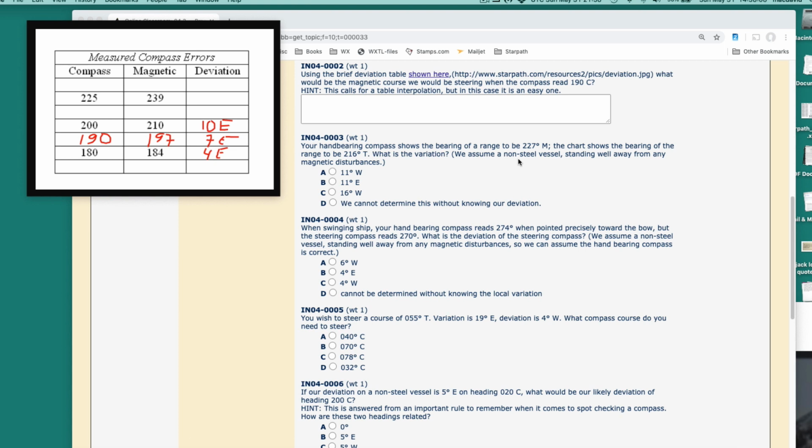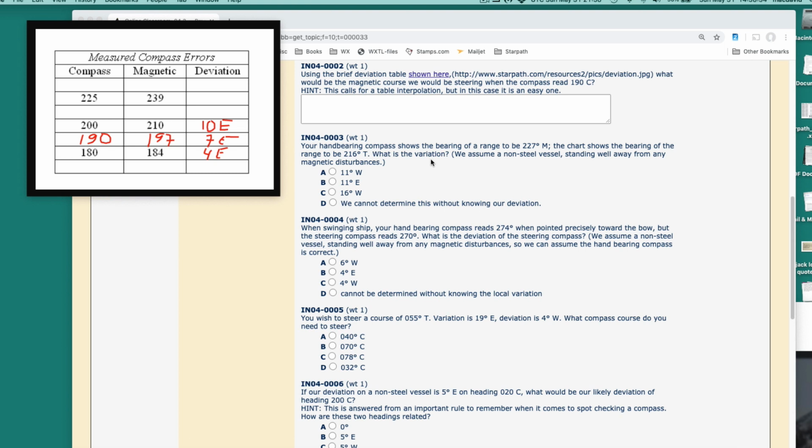All right, so 227 minus 216 equals 11 degrees. So 11 degrees, that's one of our answers. We know that's A or B, but now you have to decide, is this east or west? The rule is correcting, add east. In this case, correcting is going from magnetic to true.